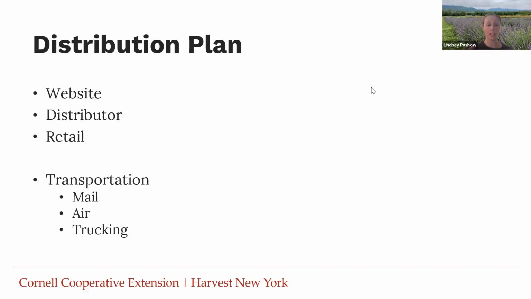Are people going to be picking it up on the farm? Are you mailing it? We've run across some different industries where things get shipped overseas and trucked, but it's about figuring out what your transportation is going to be for your products.